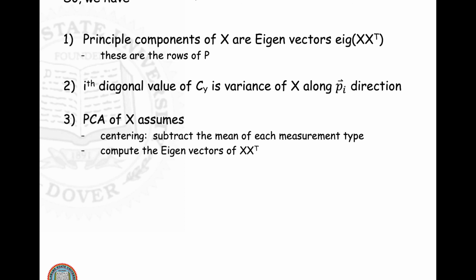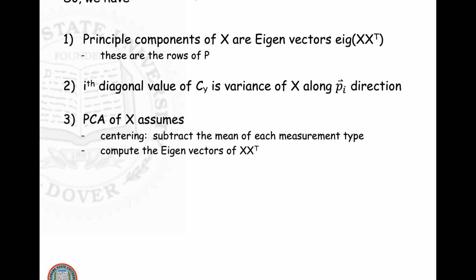The ith diagonal value of that covariance matrix of the transformed system is going to be the variance of X, our original representation, in the Pi direction. And so that ith position is going to be the variance in direction Pi, which is that ith row of our linear system P. And so PCA of some representation X assumes that you're going to center your data.